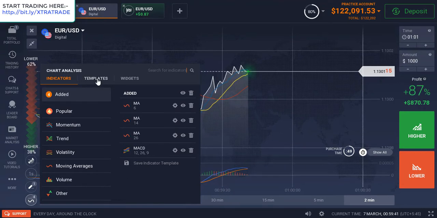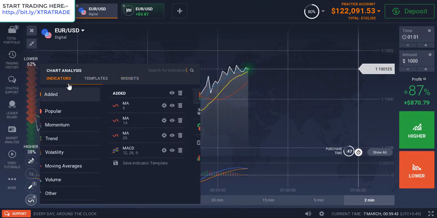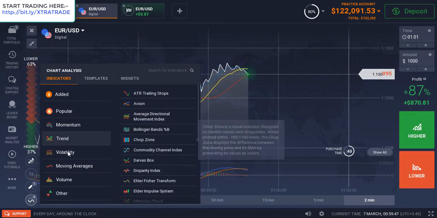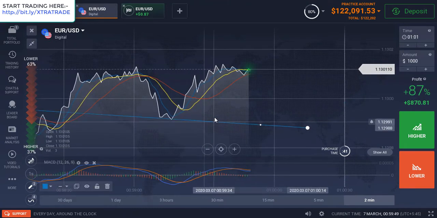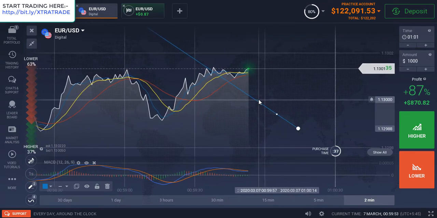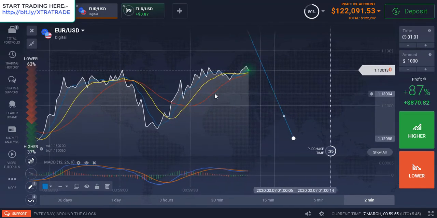There are many other things, so that you can enable the indicators, trends, volatility, etc.